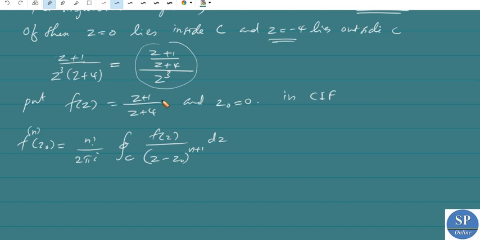So this is (z minus 0) whole cube, so n plus 1 should be 3. So here we need to take n equal to 2 in Cauchy's integral formula.